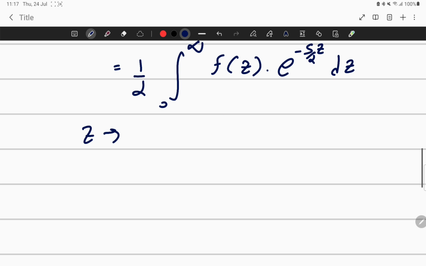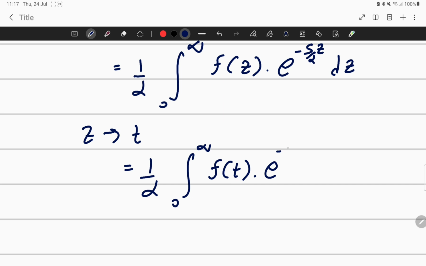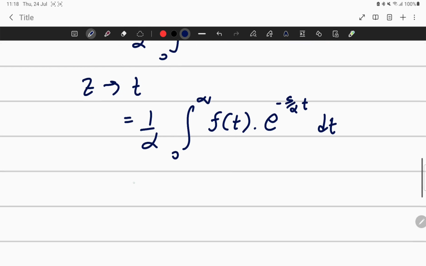Let's shift z to t, so then I have 1 over alpha, integral from 0 to infinity of f(t) times e to the minus (s over alpha) times t, dt. So this is 1 over alpha.